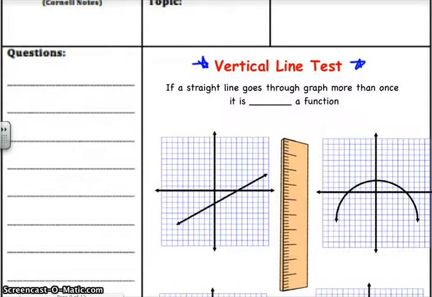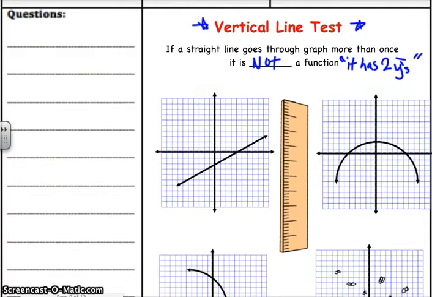That means there's two y's. So if a straight line goes through the graph more than once, it is not a function, because it has two y's. And remember that a function says for every x there's one y. So x should not have two different y values.